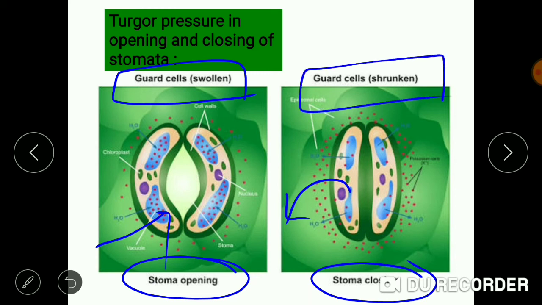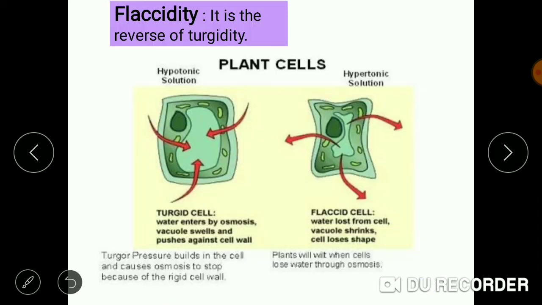Hence, the flaccidity of guard cells has led to closing of stomata. So, turgor pressure plays an important role in opening and closing of stomata.